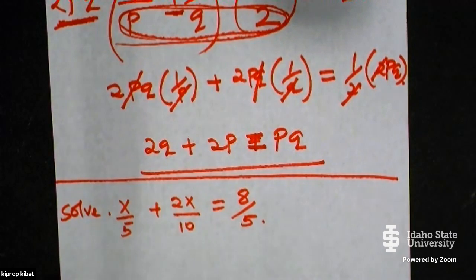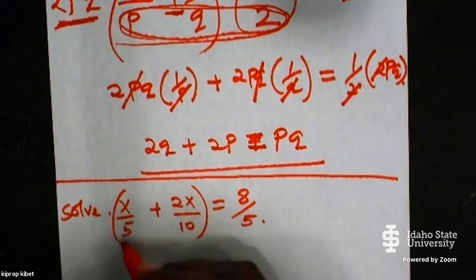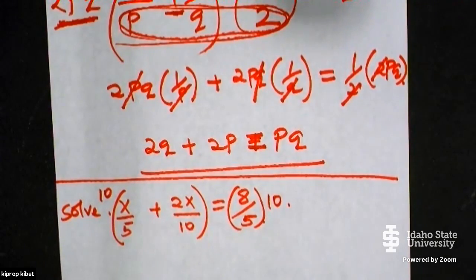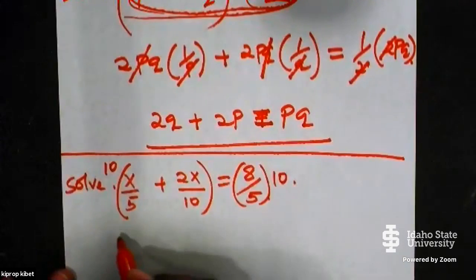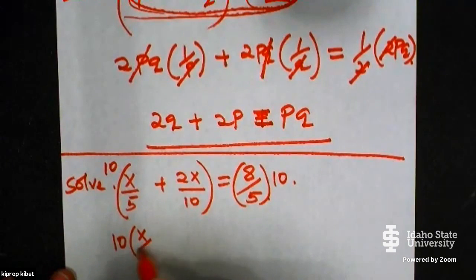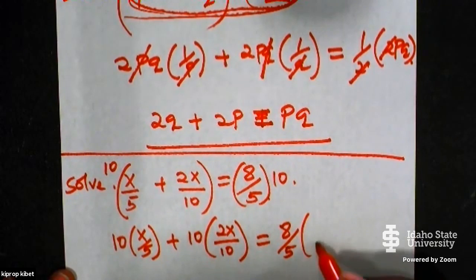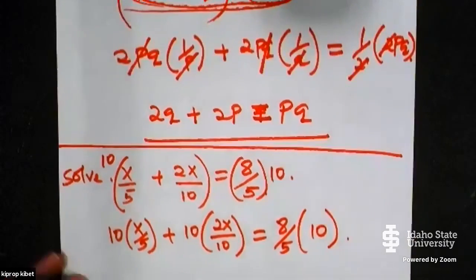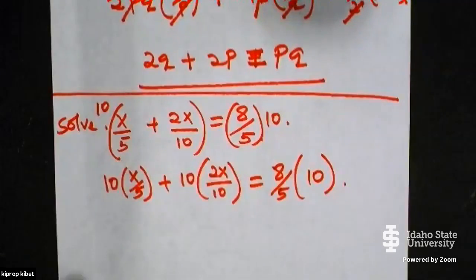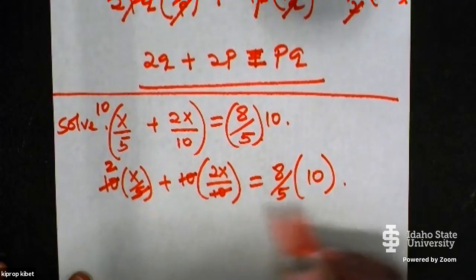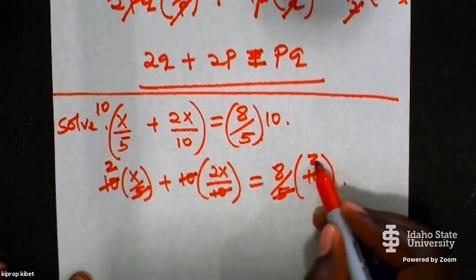10, right? So what you do is you multiply everywhere by 10. You open the brackets, so it will be 10 times x over 5 plus 10 times 2x over 10 equals 8 over 5 times 10. Then you divide: 10 divided by 5 is 2, 10 divided by 10 is 1, and again 2.